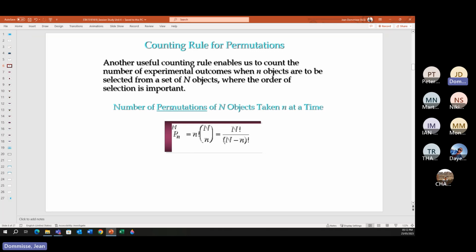So keep that in the back of your head when you are doing the assignment, because in a set of questions they will most likely give you the answer for permutation and the answer for combination as options. We just need to be careful about that.